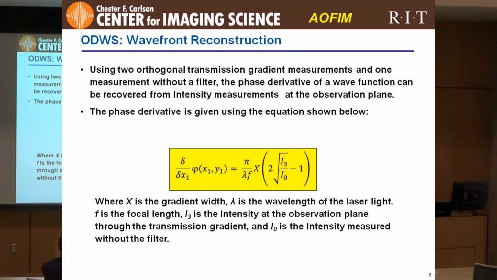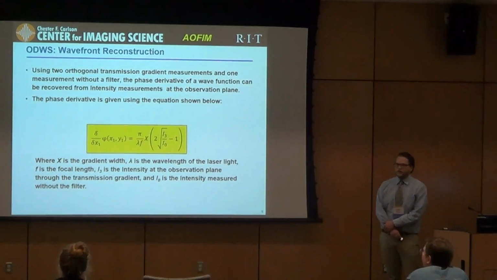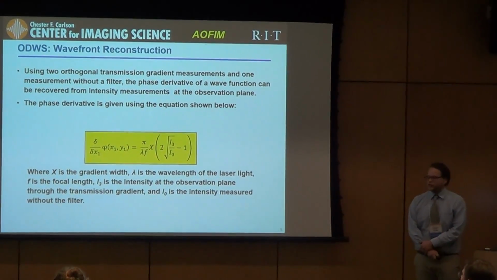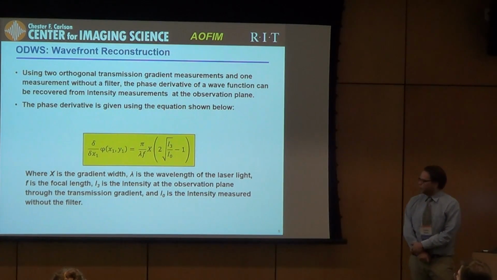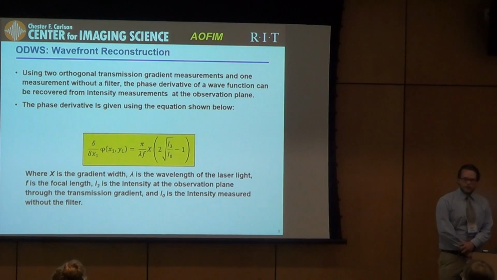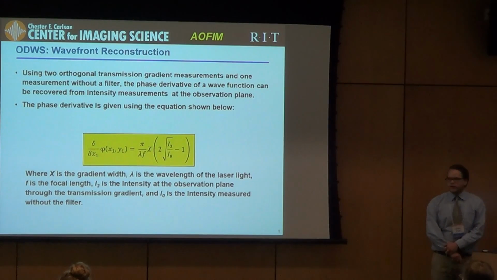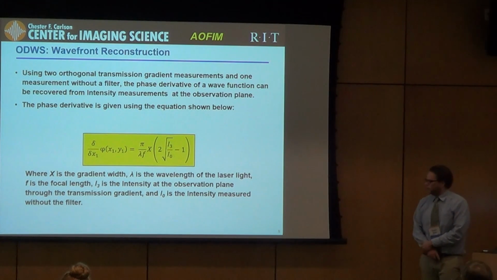So using the slopes calculated from the intensities, you can reconstruct the wavefront shape. It's dependent on the wavelength of laser light, the focal length of your 4F lenses, and then we use the reference intensity as like a check because our laser isn't quite the best. It's not quite Gaussian. There's some aberrations in it. So we account for any fluctuations in the intensity using the reference intensity measurement.